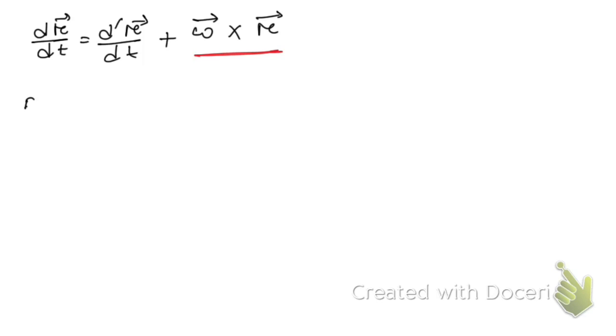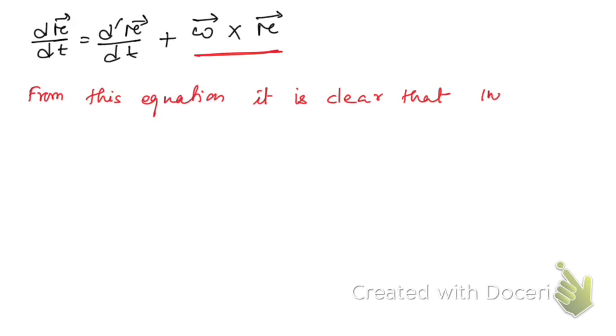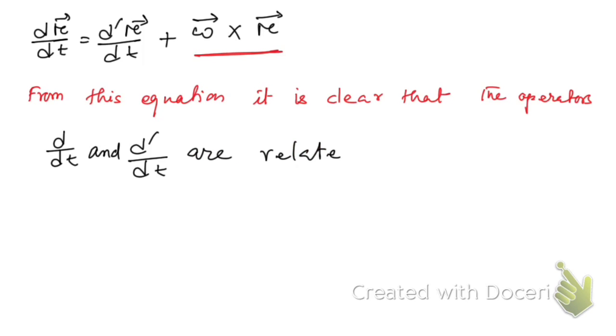So from this above equation, it is clear that the operators, this differential coefficient with respect to time t and this differential coefficient d dash by dt, are related by this relation.